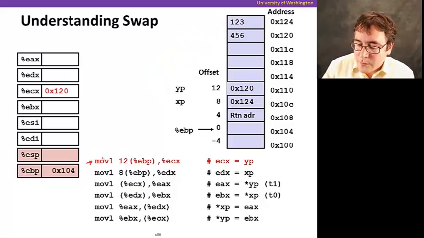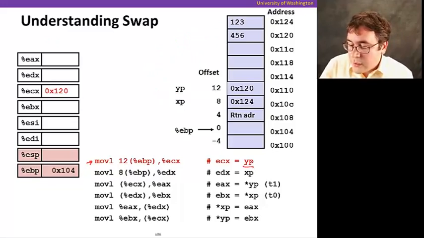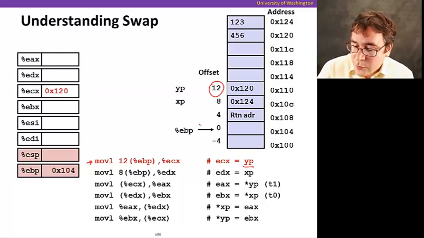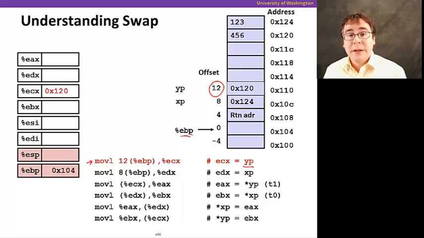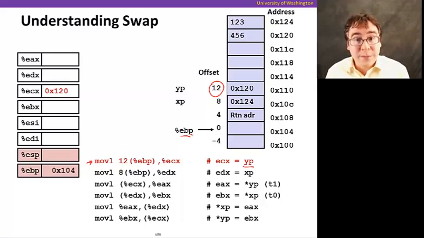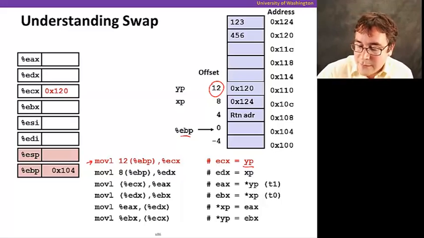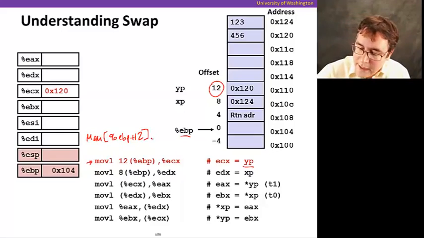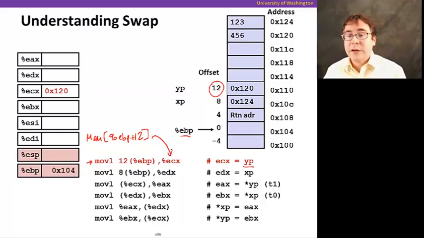When we execute this move, what are we doing? We are storing the contents of YP, as a pointer, into ECX. Since YP is stored 12 bytes away from EBP, we use the displacement address mode as the source operand. The address is obtained by getting EBP, adding 12, and using the memory at that address as our source operand, and then storing it in ECX.